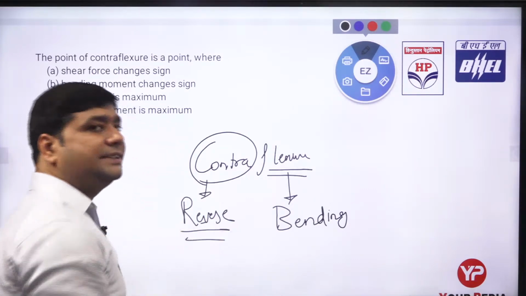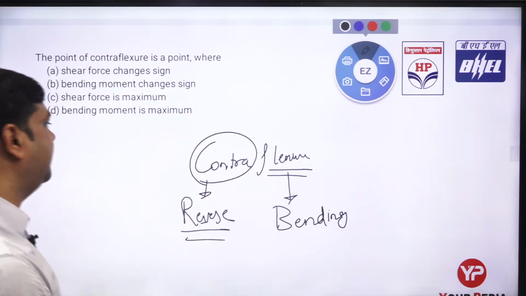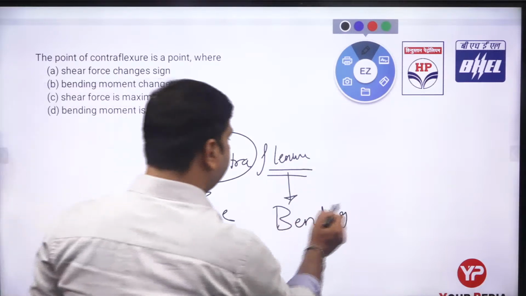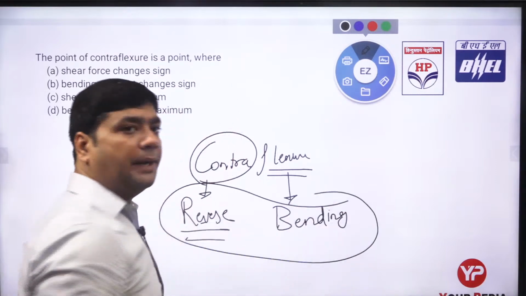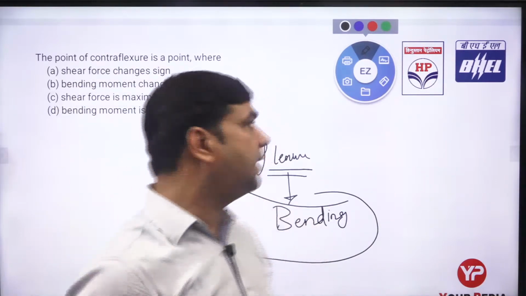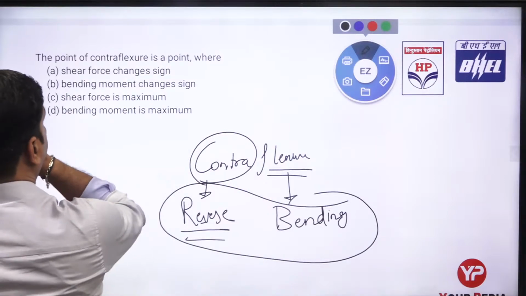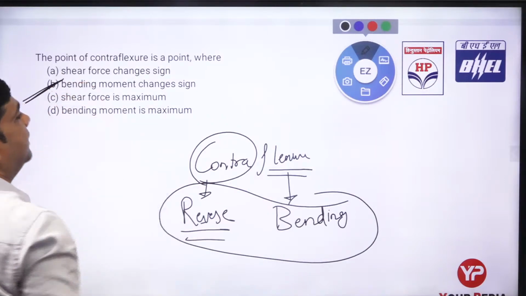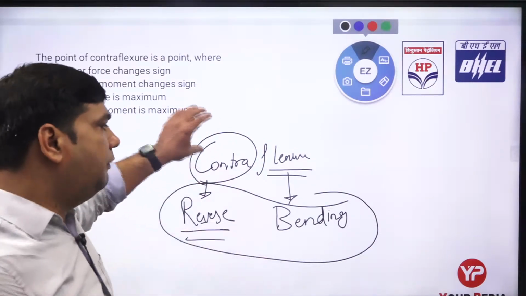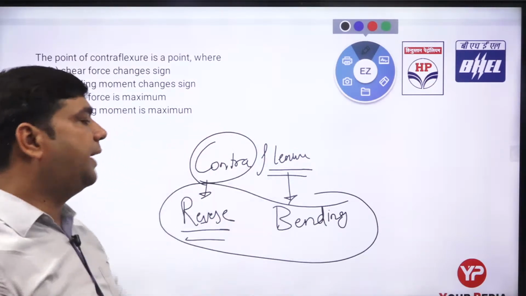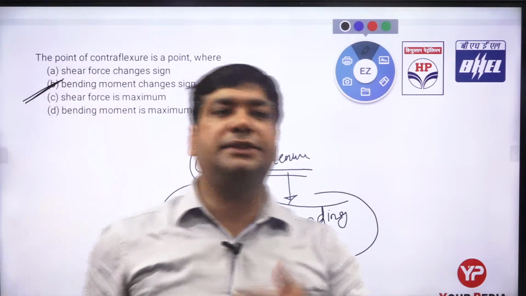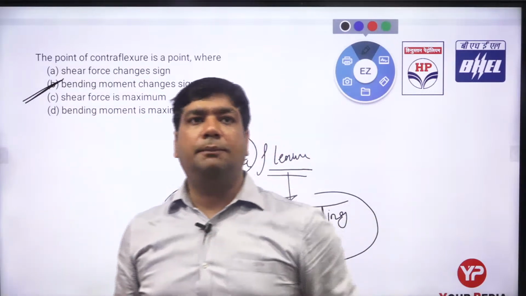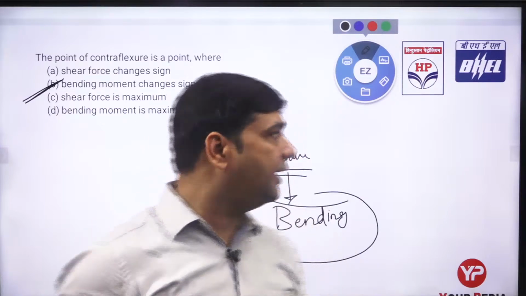Whenever there is a change in sign of the bending moment, it is known as a point of contraflexure. It is not the point where the bending moment is maximum; the answer is where the bending moment changes its sign. So always remember, contra means reverse and flexure means bending. Whenever the bending moment is changing its nature, it is known as the point of contraflexure. Is this clear to you?